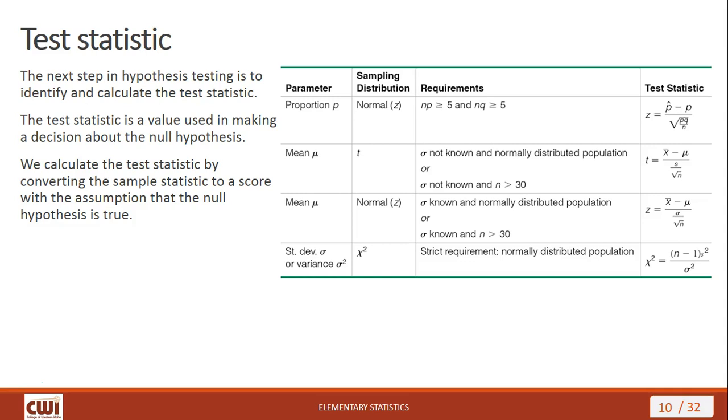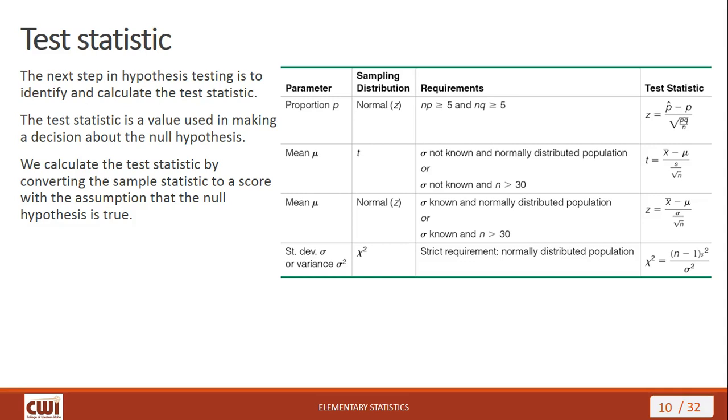The logic that's used in deciding which of these test statistics we calculate is the same logic we saw for calculating confidence intervals from chapter 7. So, when we're dealing with proportions, we want to calculate a z-score. If we're dealing with a mean value, we're going to calculate either a z-score or a t-score. Again, the key question is, do you know what the population standard deviation is?